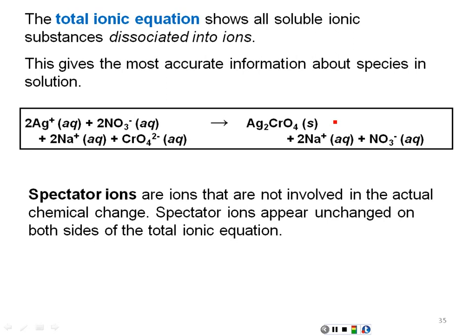And let's see, what are the spectator ions in the above example? Well, we see that Na plus is aqueous on both sides, and NO3 minus, the nitrate ion, is the same on both sides of the equation, so they can cancel.